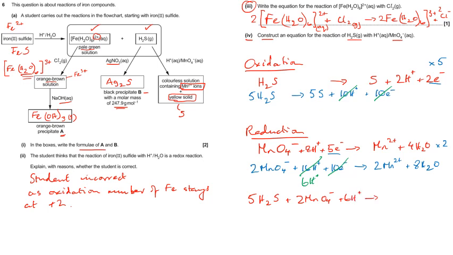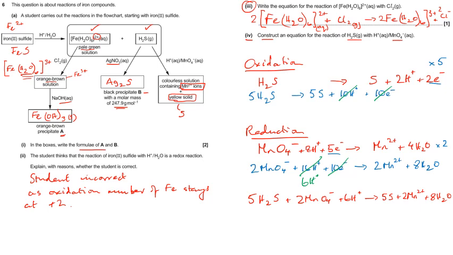And on the right-hand side, we're going to have 5 sulfurs, 2 manganese 2+ ions, and 8 waters. And that is the answer to part 4.